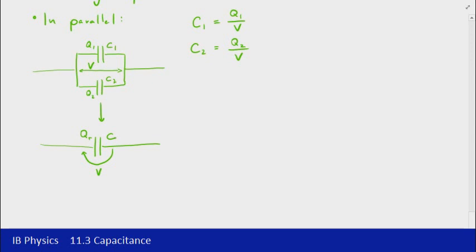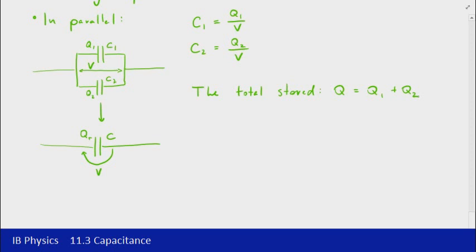Now if we think about what's happening in this situation, total charge stored will be given by the sum of the two charges, Q1 and Q2. So that's going to be Q is equal to Q1 plus Q2.